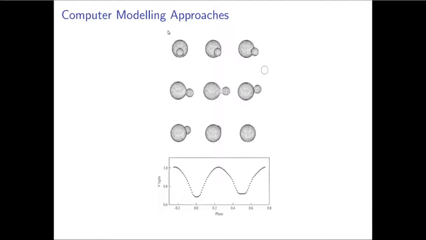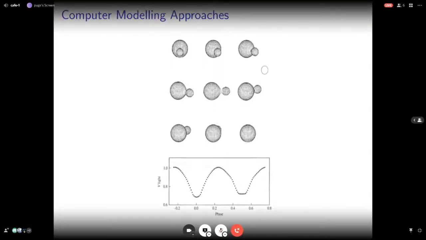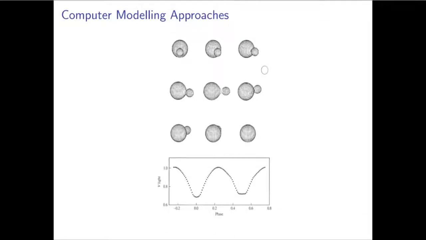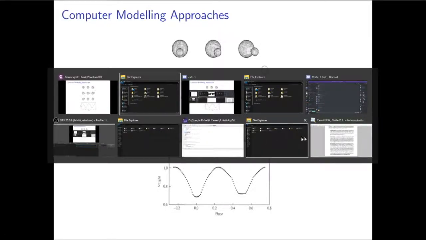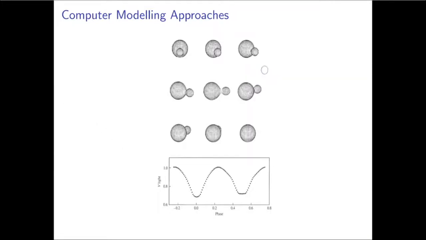The modern approach to analyzing data from binary star systems involves computational modeling, and by doing that you can figure out a lot of physical parameters like radii, effective temperature, and eccentricity for any stars, by doing this mathematical computer modeling.